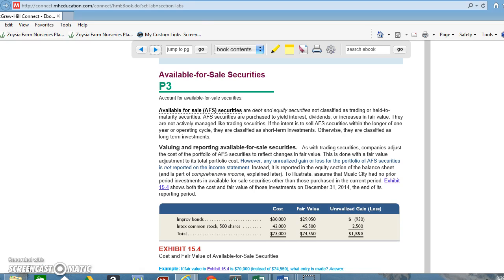They're actually reported in a separate section of the balance sheet, which gets into comprehensive income, a little bit different type of concept, but I think we get into it a little later in the chapter.